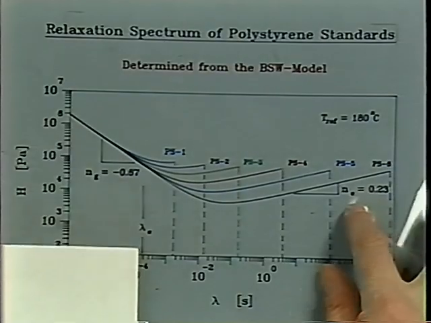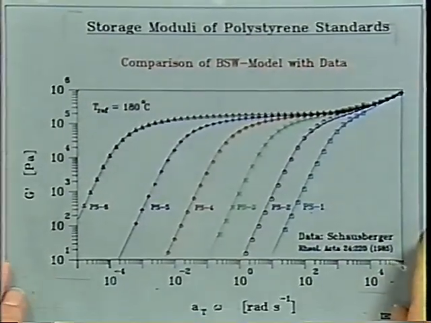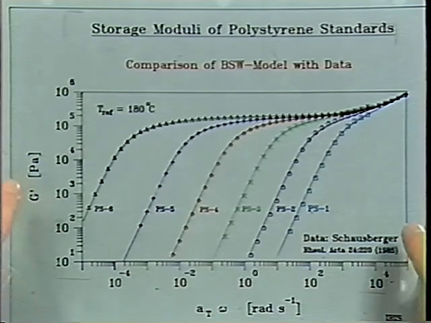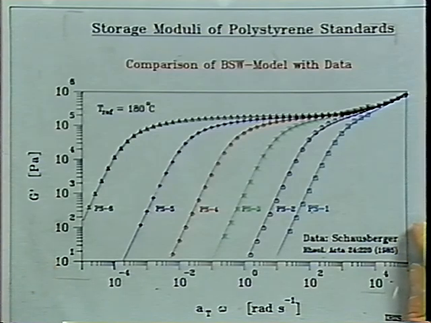And now let's use that and see how well this very simple spectrum fits the experimental data of Schausberger. And you can see the lines drawn through here, G prime, G double prime. Remember, before we looked at the same spectra, and you saw orders of magnitude differences between models and predictions.